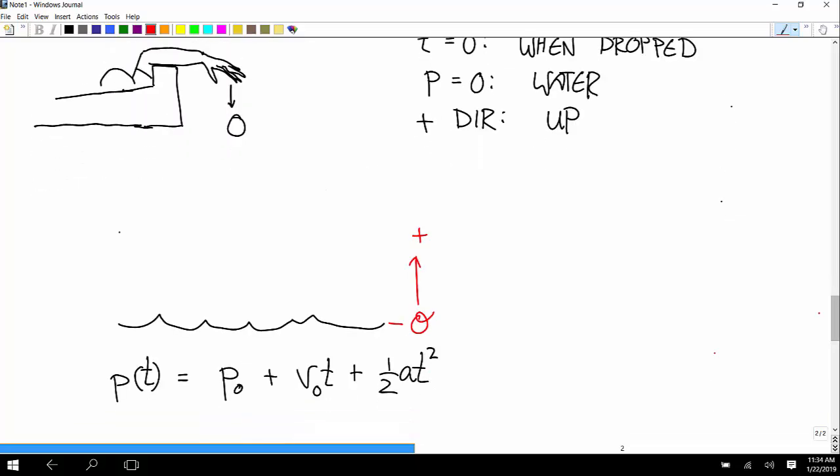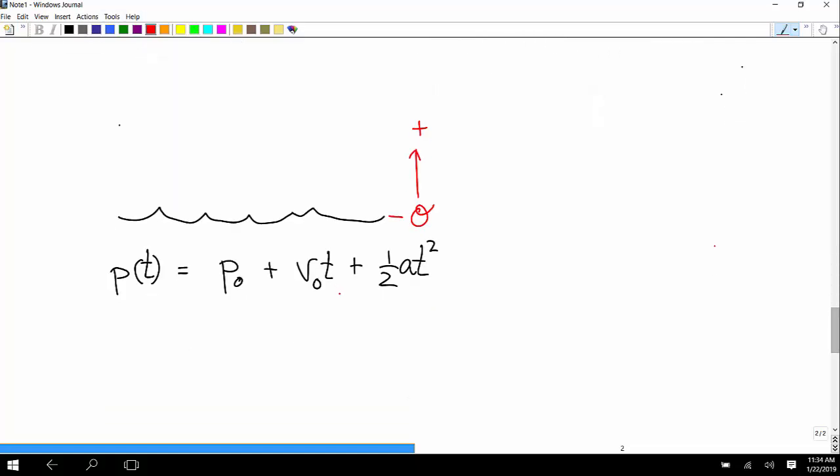Well, the time that we want to calculate this is when it hits the water. So this t is going to be 0.8.